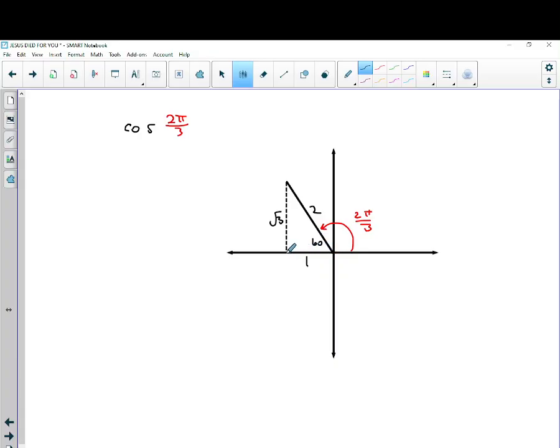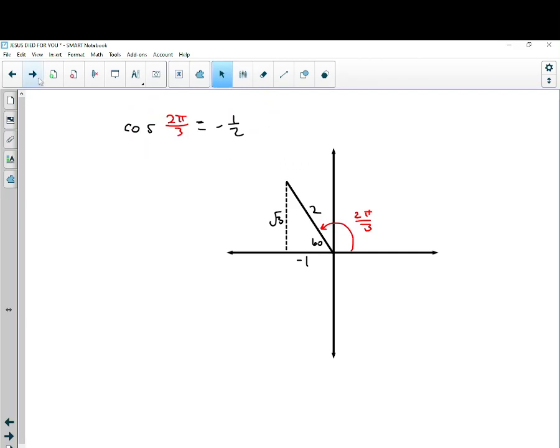Since the adjacent side is like an x-coordinate going to the left, that's negative. The opposite side is positive because it's going up. So the cosine of this angle is adjacent over hypotenuse, it's negative 1/2.